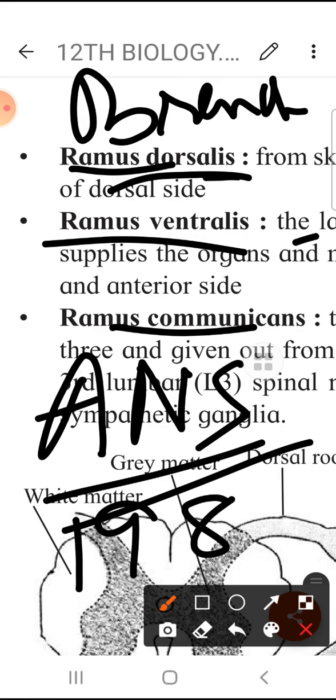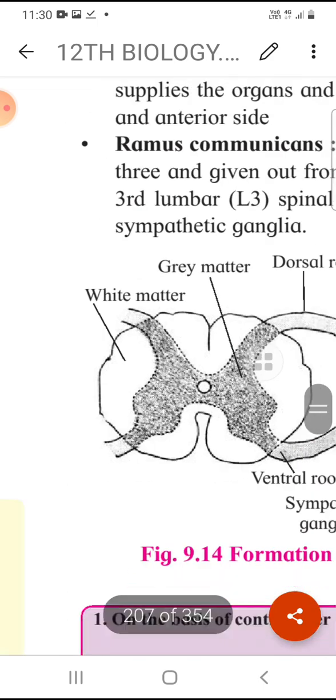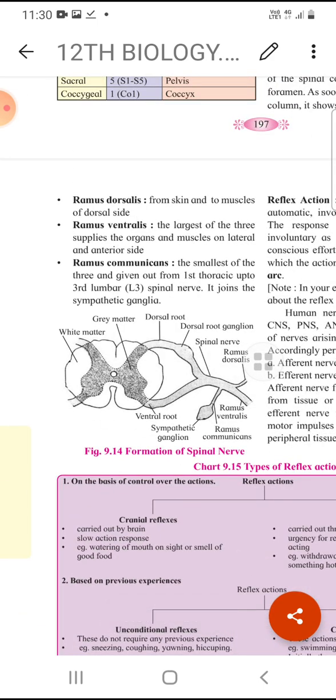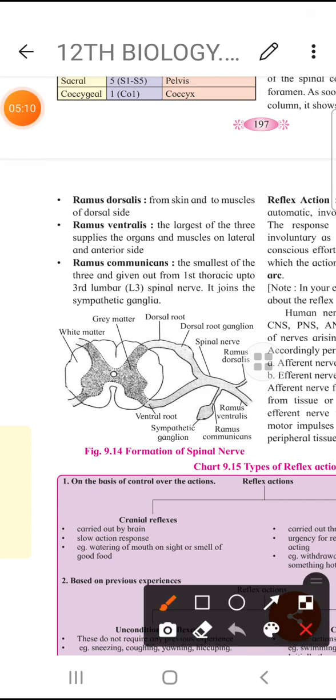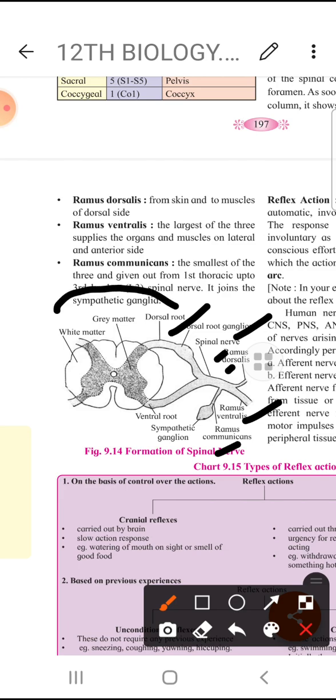We've done peripheral. It's part of peripheral only that we are doing right now. Central nervous system we have done. So autonomic we will be doing. In general, if a question comes, formation of spinal nerve, draw this diagram. You should be able to label dorsal root ganglion, nerve fiber, dorsalis, ventralis, and communicans, which is joining to the sympathetic ganglion.